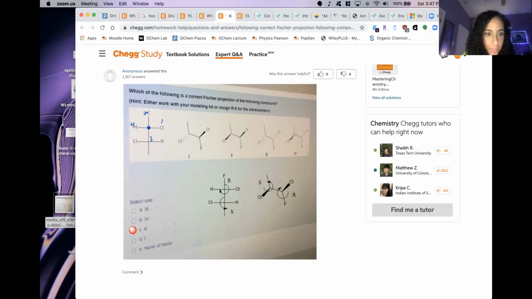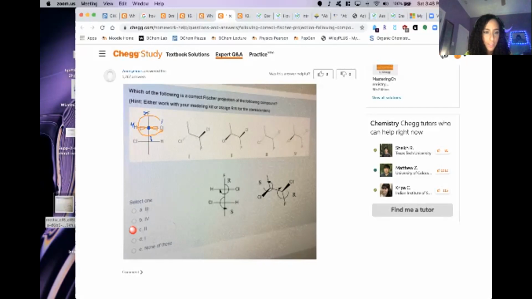Okay, so remember that the stuff on the horizontal is on wedges. So it appears S, but it's really the opposite because of this hydrogen. You remember that?